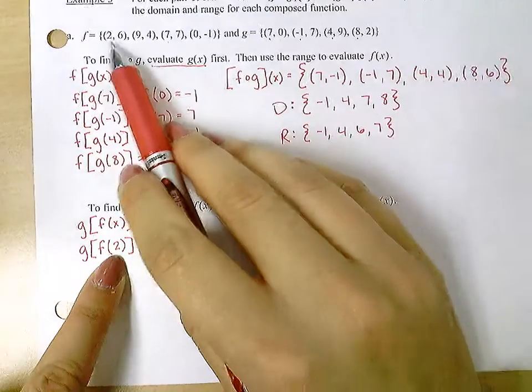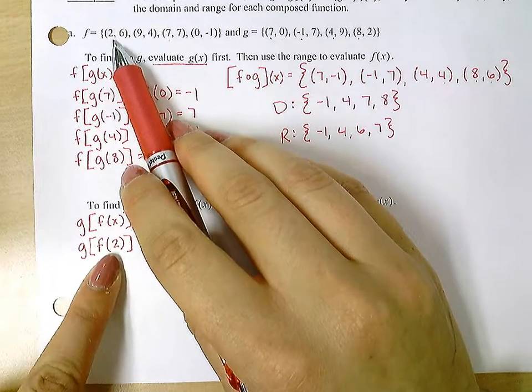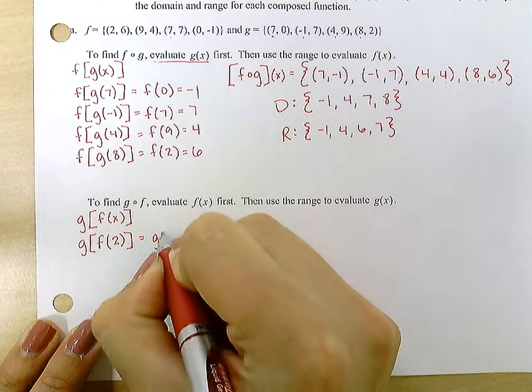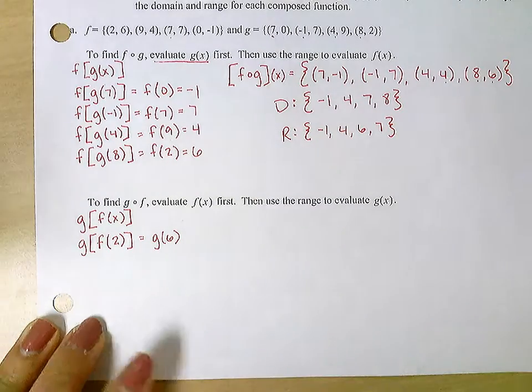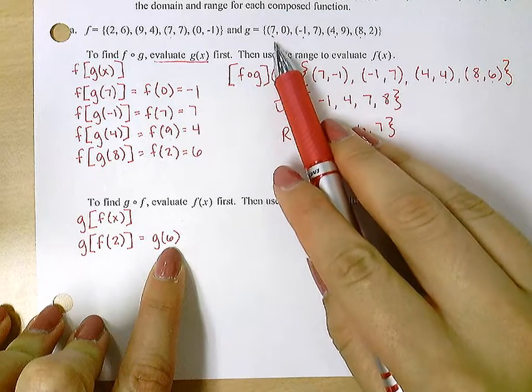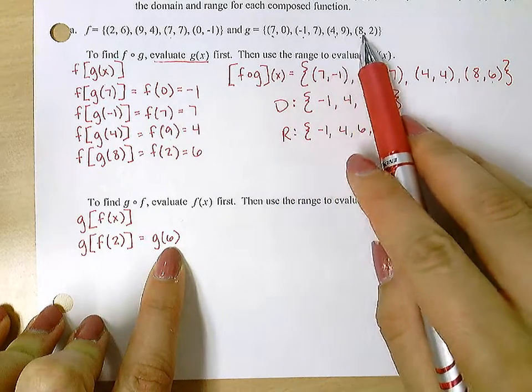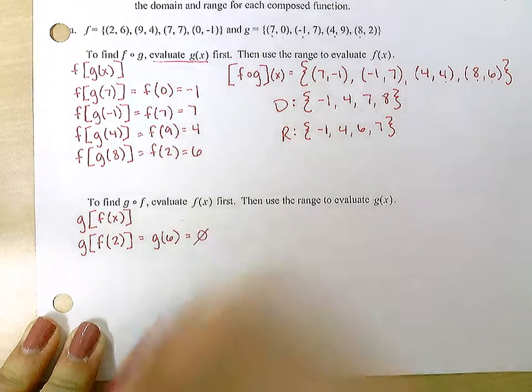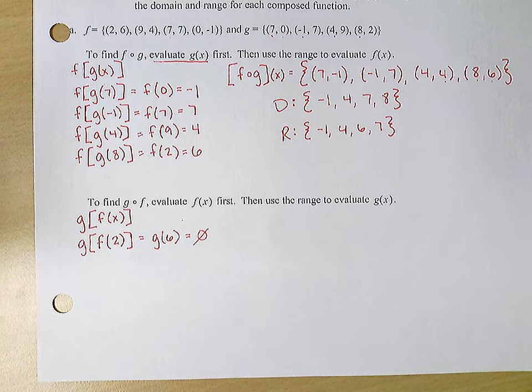If I plug in 2 in my f function, what y value does it spit out? 6. So that results in g of 6. Now I look at my g function. Is there a 6 for any of these x values? No. That means there is no solution for that one.